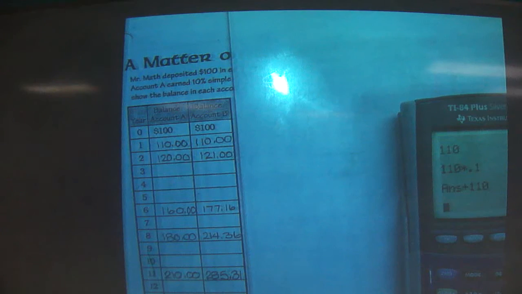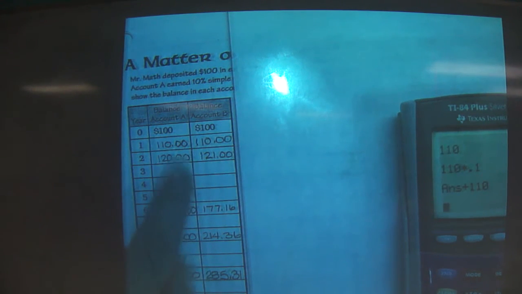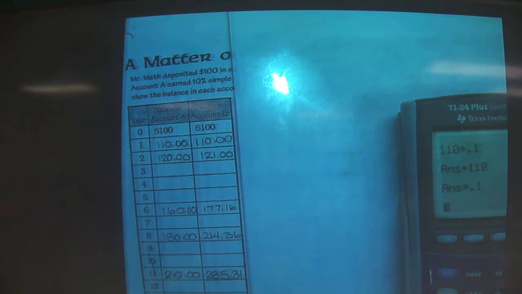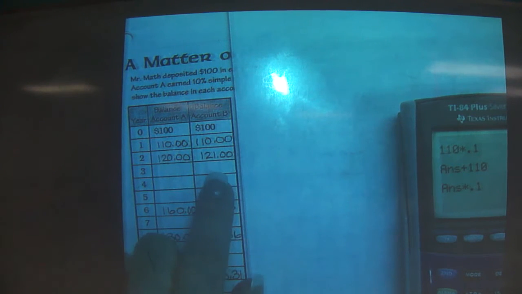Thank you. So what do you multiply the 121 by to start year 3? What are you going to get in year 3? Times, what's the interest rate? 10%. So 0.1 equals, then you're going to earn $12.10. What do you add that back to put in box 3? To the $121 you had the year before.